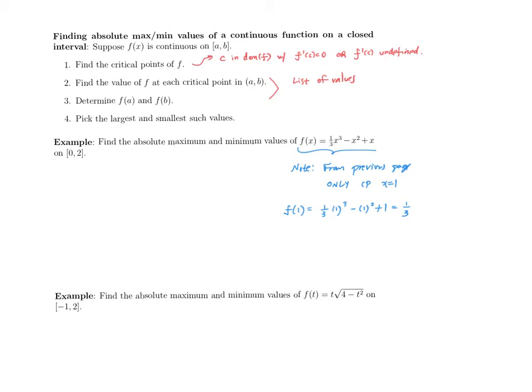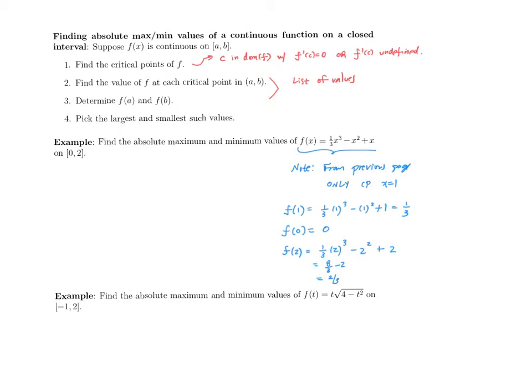So substituting those into our function, f of 0 is 0, and f of 2 is going to be 1/3 times 2 cubed, so think 8/3, minus 2 squared, so minus 4, plus 2. So in this case, we would have 8/3 minus 2, which is positive 2/3.